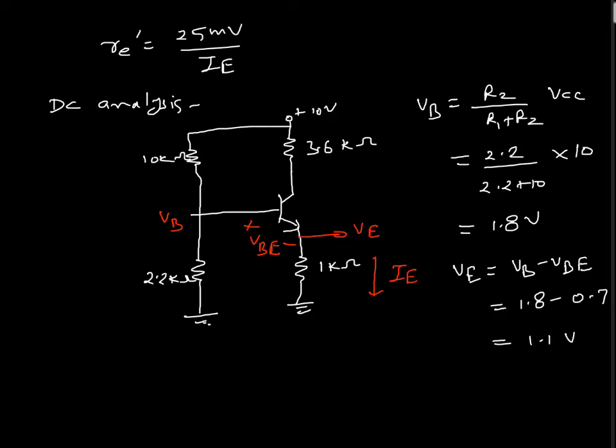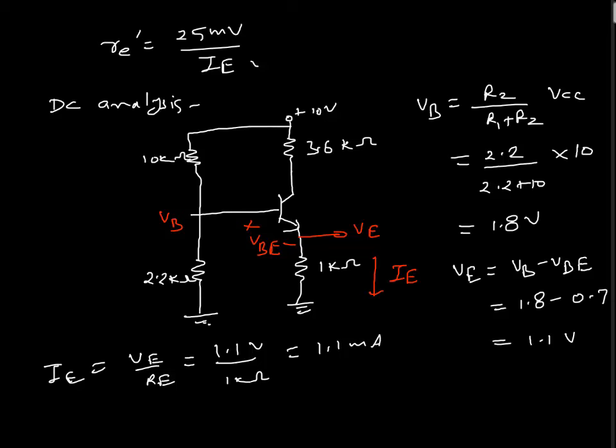Next, IE. IE is VE by RE. So VE is 1.1 volt, RE is given as 1 kilo ohm. So this will come as 1.1 milliampere. Now we put this value here.